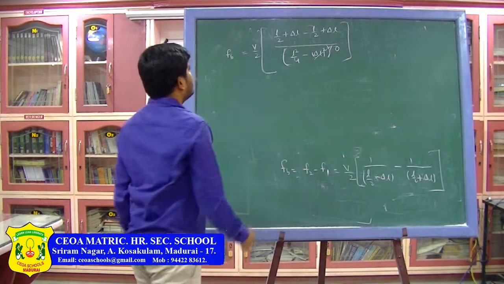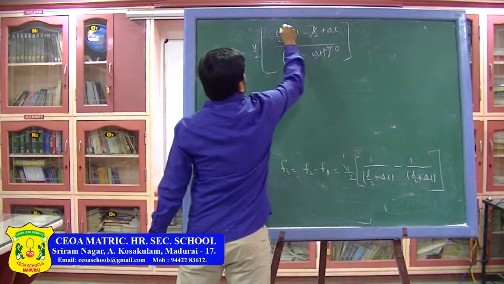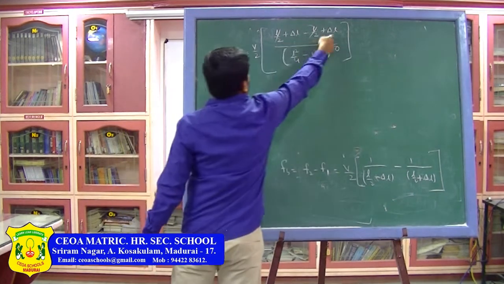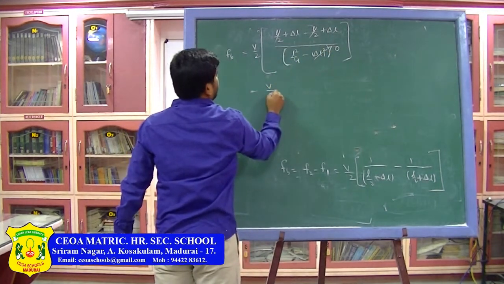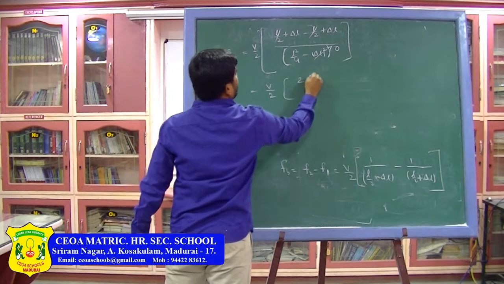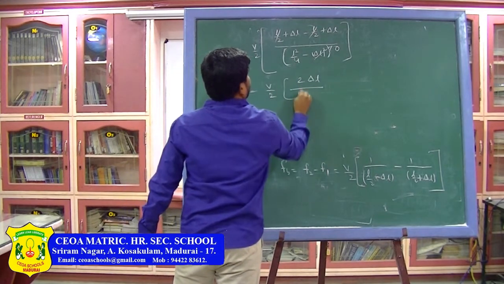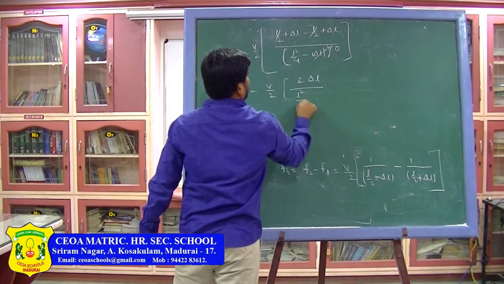Now, simplifying this, minus L by 2 and plus L by 2 get cancelled, and delta L plus delta L gives 2 delta L. So it is 2 times delta L divided by L square by 4.